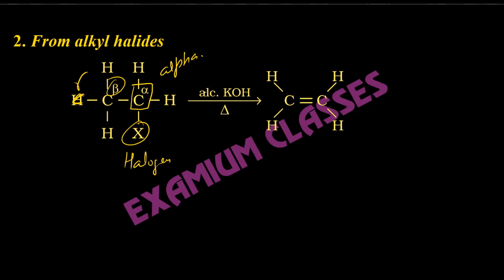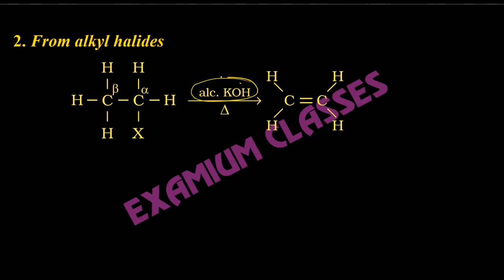Now come to the important point. What is actually happening here? We get alkyl halides reacted with alcoholic KOH. Alcoholic KOH means it is potassium hydroxide plus ethanol, alcohol. So we don't write C2H5OH; obviously, we write that when we discuss mechanism in 12th standard. Here you don't bother about it.